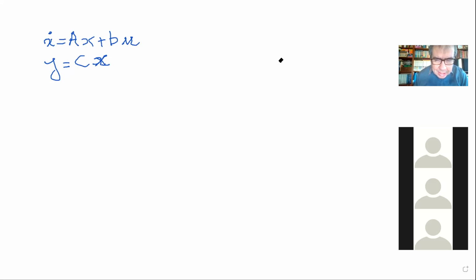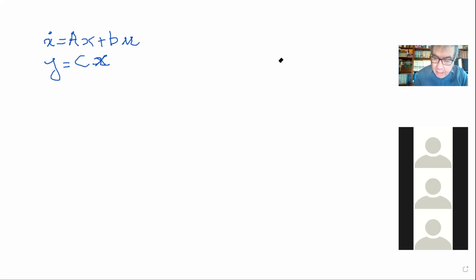Okay, it's not exactly that. First, you don't speak about the input and the output in each domain, in time or in the transform. In the transform.